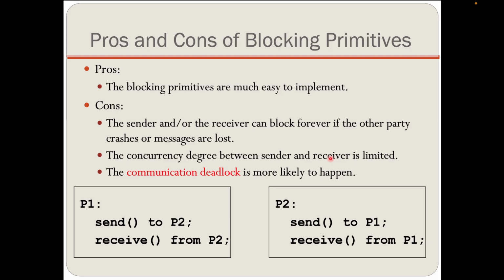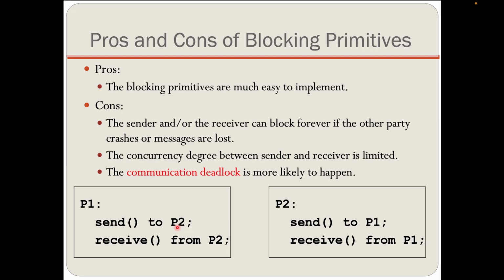Then it's possible, if the blocking semantic is used, that both P1 and P2 are blocked in send. Because this is blocking, the message comes here but nobody receives it, because this process is also blocked in send. We call this communication deadlock. It's possible to happen.